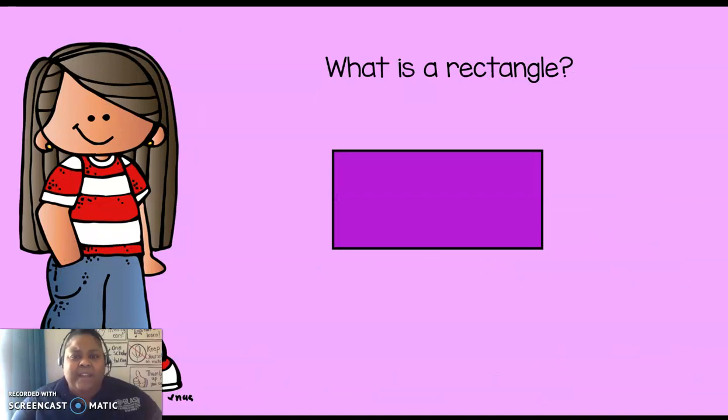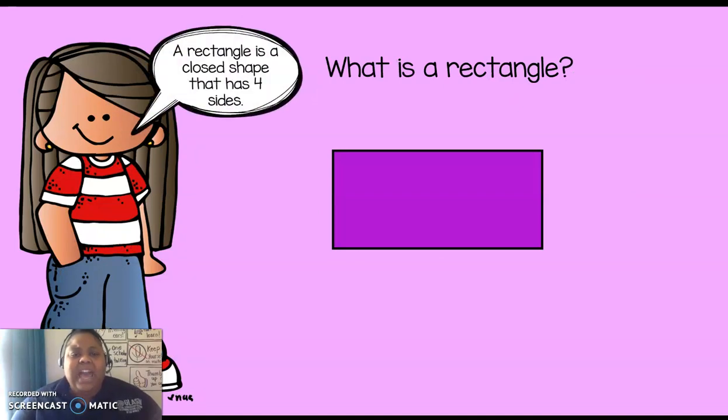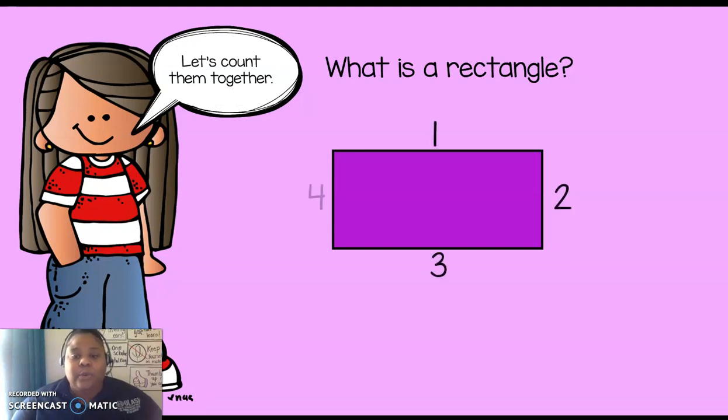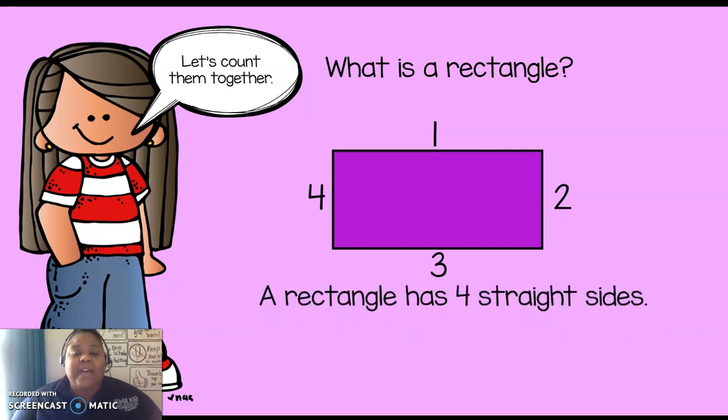What is a rectangle? A rectangle is a closed shape that has four sides. Let's count them together. 1, 2, 3, 4. A rectangle has four straight sides.